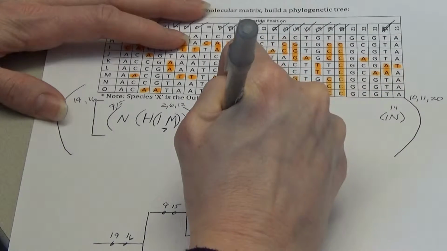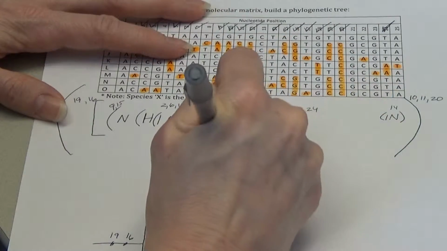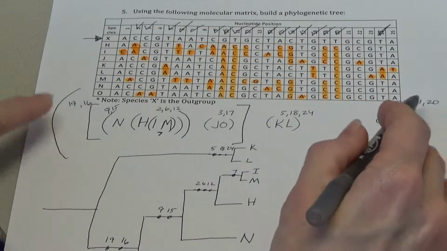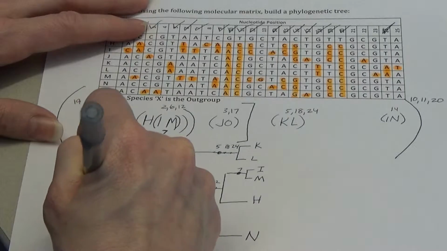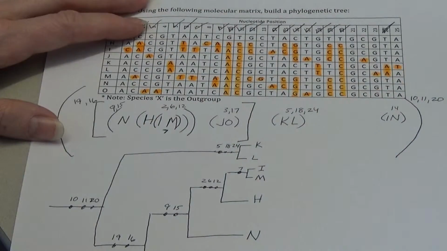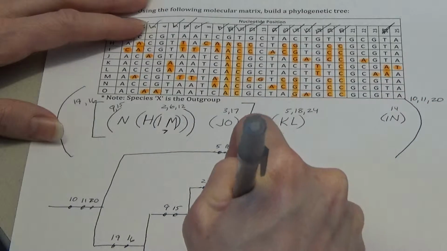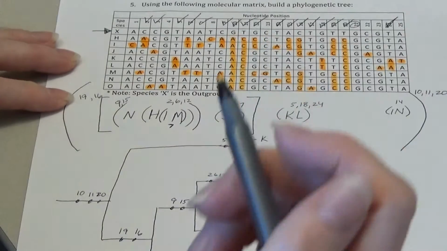And KL are together, we know, from 5, 18, 24, and they are a sister group to everybody else. And we know that all of them are together with these, 10, 11, and 20. Now you might be saying, what about this IN? Yeah, the IN looks like it's probably a homoplasy. So we're going to put trait 14 on I and on N. Okay, and then everybody together is this trait 21.